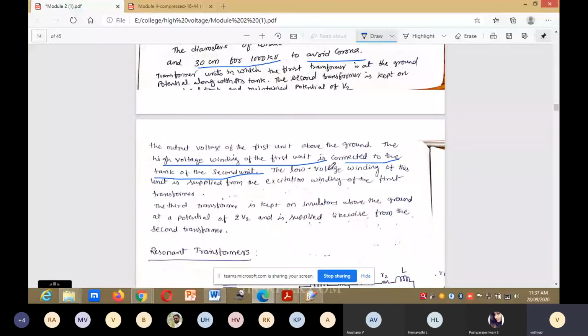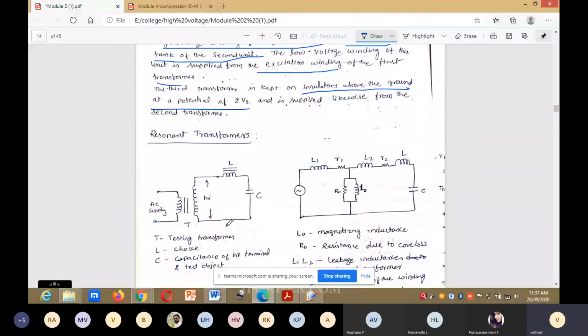The low voltage winding of this unit is supplied from the excitation winding of the first transformer. The third transformer is kept on insulators above the ground at a potential of 2V2 and is supplied likewise from the second transformer. This is the cascade transformer. The output of the first unit is connected to the second, and the output of the second unit is connected to the third transformer.